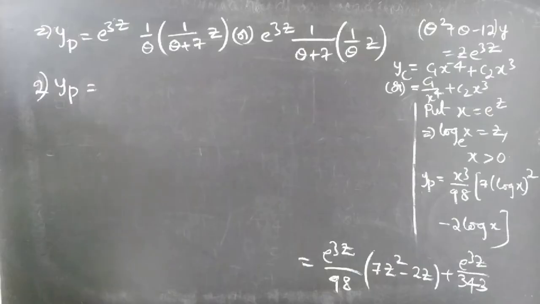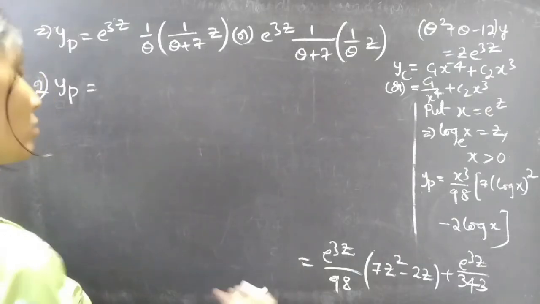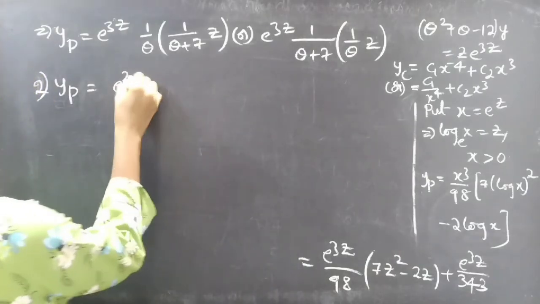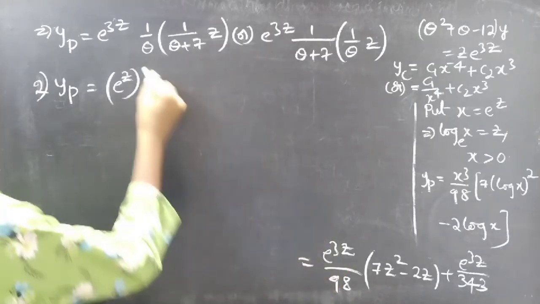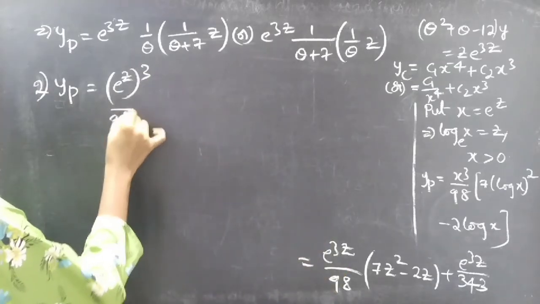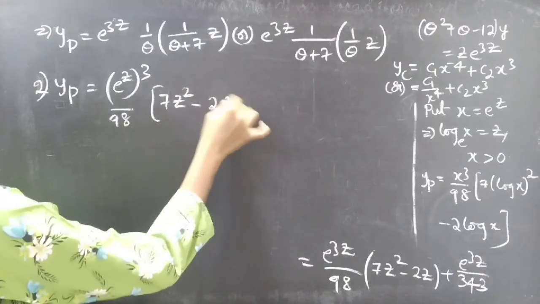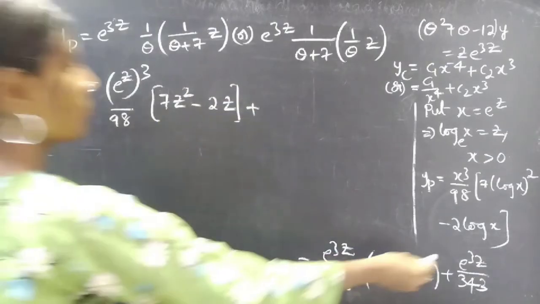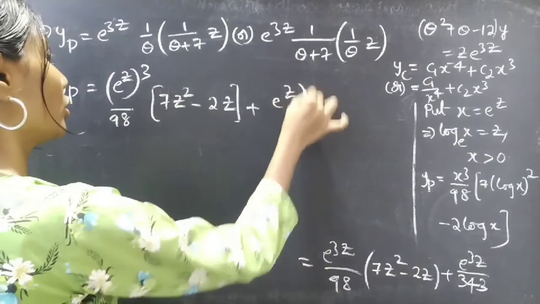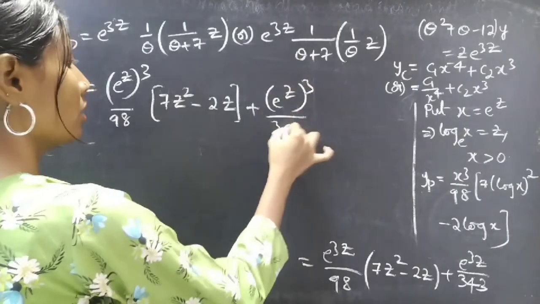See, we got yp in terms of z, right? Let's write it in terms of x. For that purpose, we'll write e power 3z as (e power z) whole cube by 98 into 7z square minus 2z plus, writing e power 3z as (e power z) whole cube, by 343.